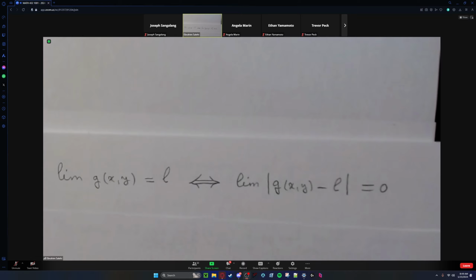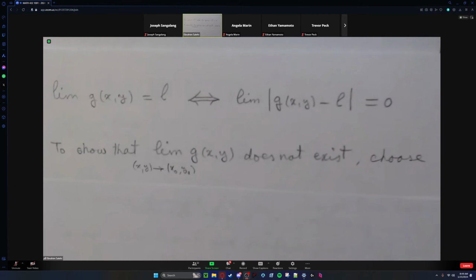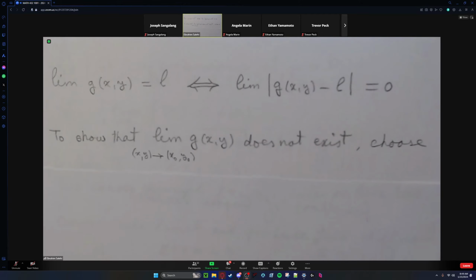Now, there was a very interesting theorem and very interesting fact in calculus 3 that I would like to remind you. It's just a little review.